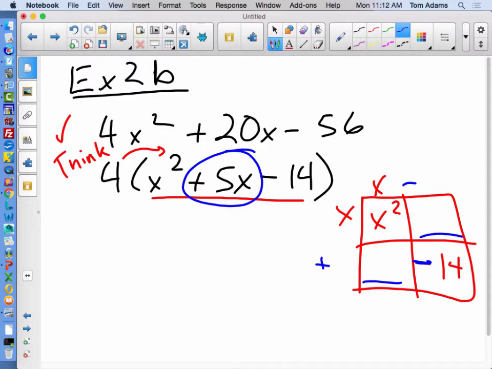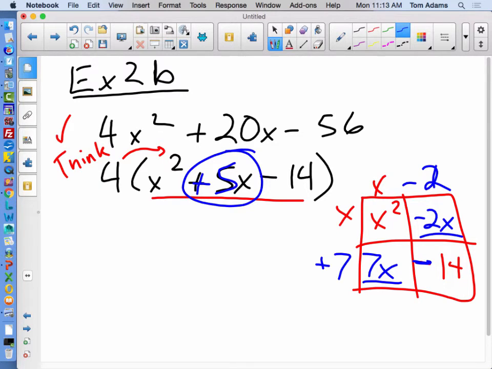Well, 2 and 7 are factors of 14, right? So I got to figure out which one's positive, which one's negative. 7 is the greater number, so 7 probably has to be positive because our middle term is a positive 5. So if I make this the positive one and make this the negative one, I get negative 2x plus 7x gives me positive 5x.